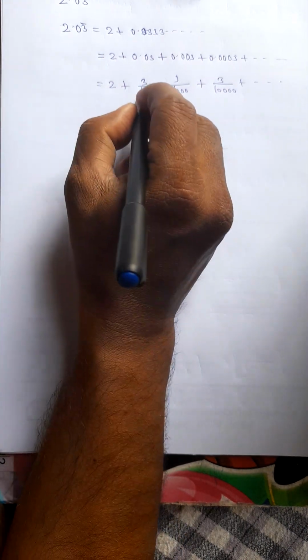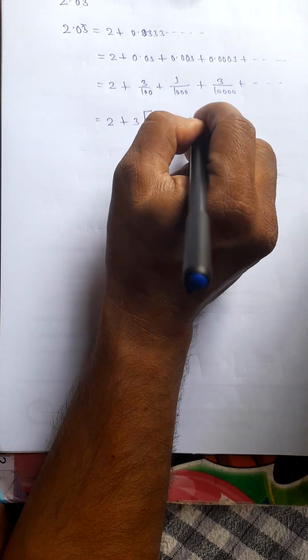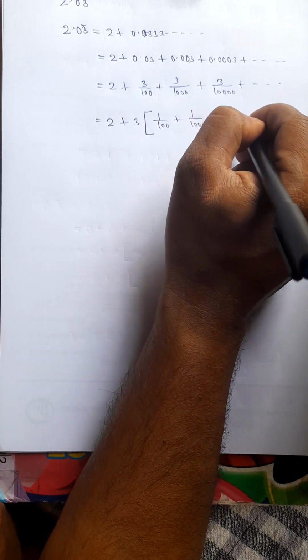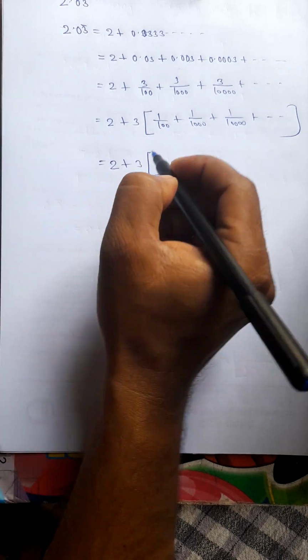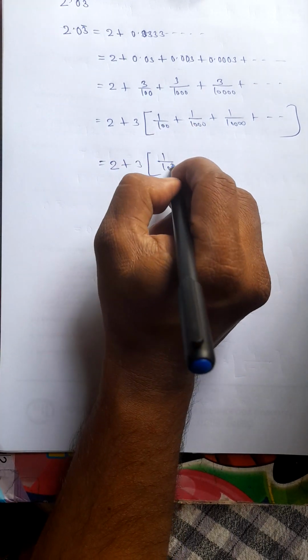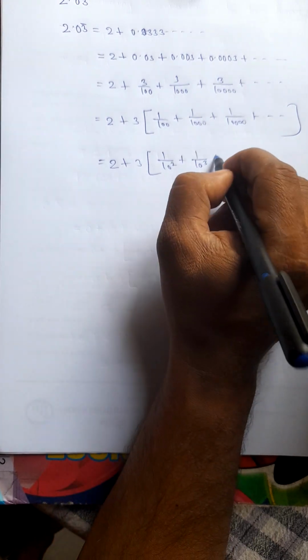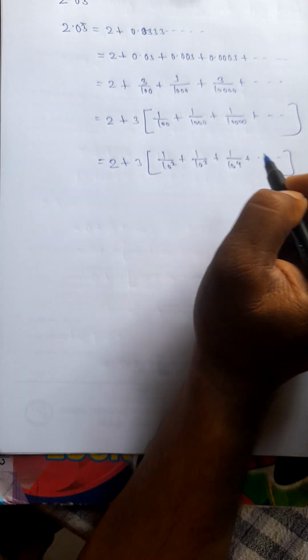So let's take 3 common here. 1 by 100, 1 by 1000, 1 by 10,000 and so on, right? Now you can write it as 1 by 10 to the power 2, 1 by 10 to the power 3, 1 by 10 to the power 4 and so on.